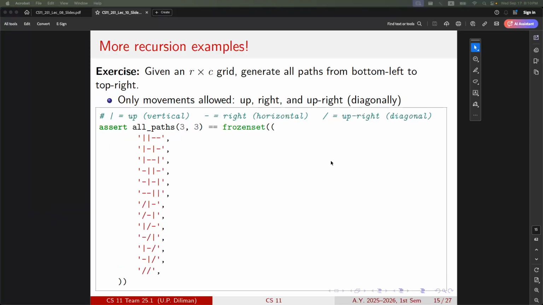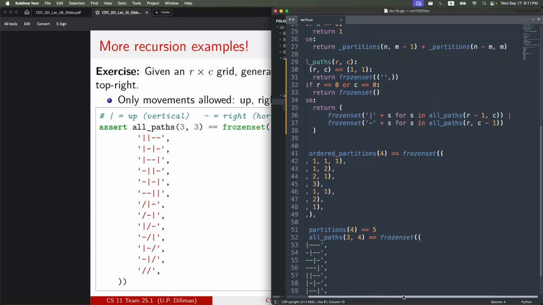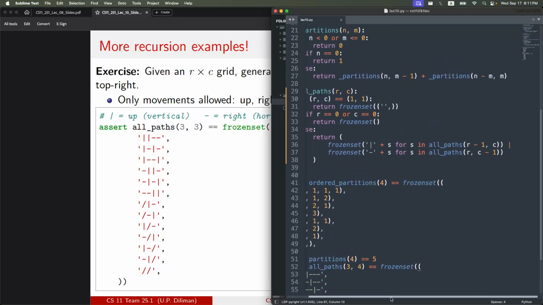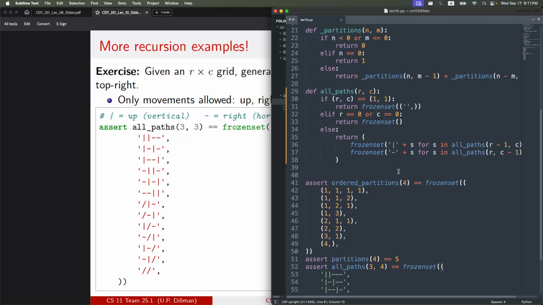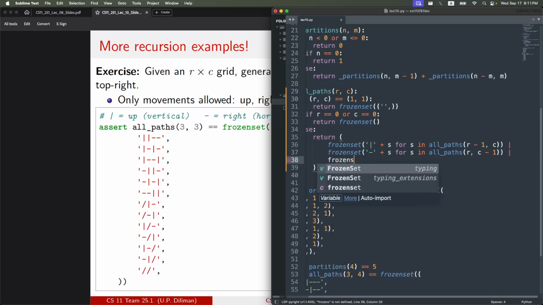Okay, let's check the other problems. This time, diagonal movements are allowed. So we'll be adding all paths that include diagonals. I think this is easy to fix. We just need to include that option here.